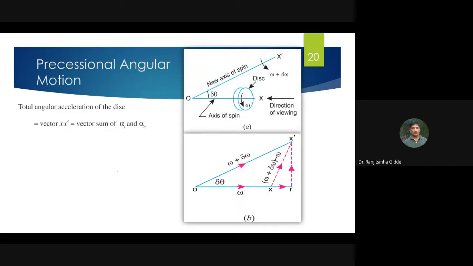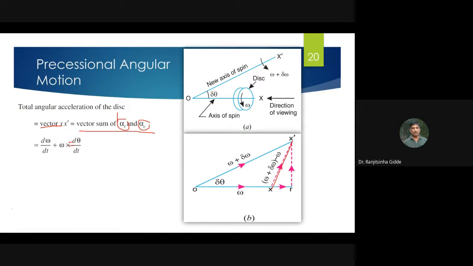Next line you can write: total angular acceleration of the disk is equal to this x prime, which is the vector sum of alpha t and alpha c.